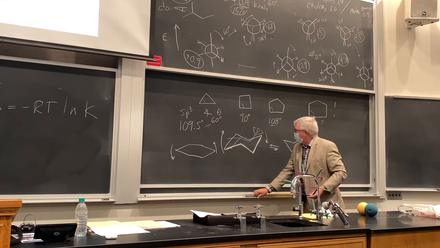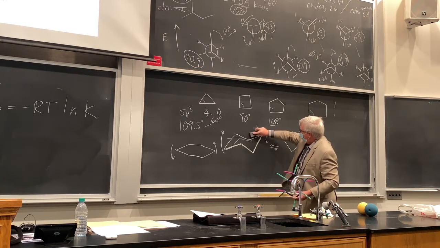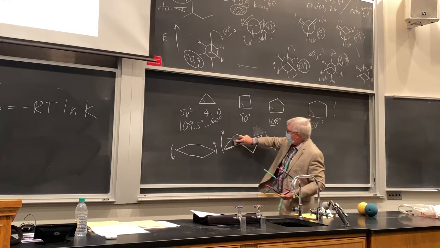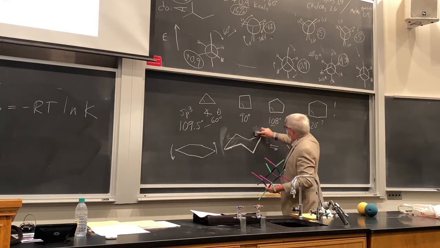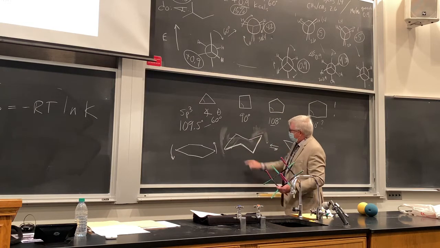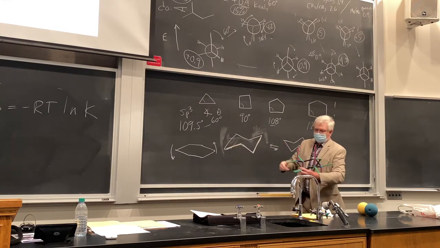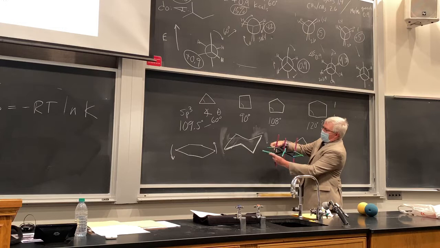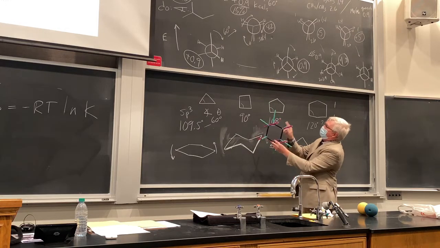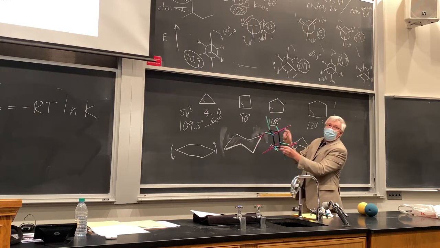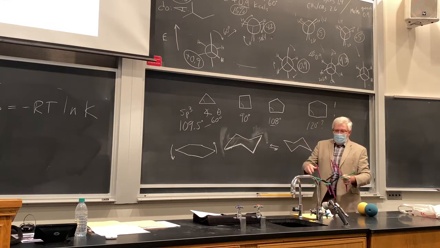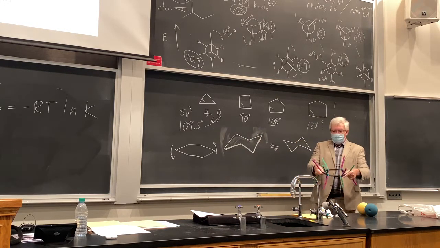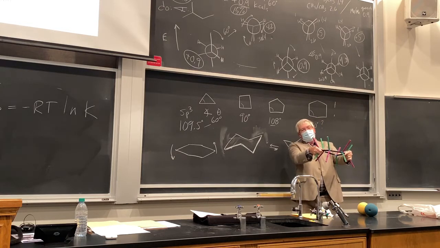But let's look at something in a little more detail here. Let's look at the hydrogens that are on here. Okay. So you okay with the view? This angle right here is not 15 degrees. It's right here. And if you look at it, it's 109.5 now. Okay. This puckering relieves that angle strain. And it also relieves, what do you see on the sides of these carbons?